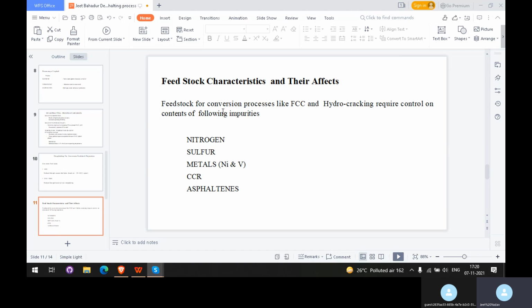These impurities are nitrogen, sulfur, metals, basically nickel and vanadium, CCR and asphaltenes. These are the impurities which will definitely affect the process.